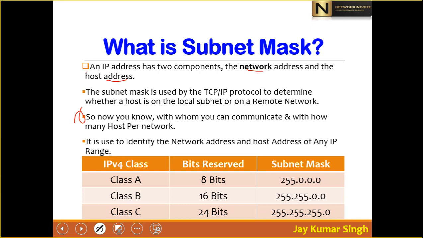And if my subnet mask is this, it tells how many hosts I can communicate with, how many users or IPs are in my network. Every class has a default subnet mask, and we can modify the subnet mask. Those things come under subnetting.